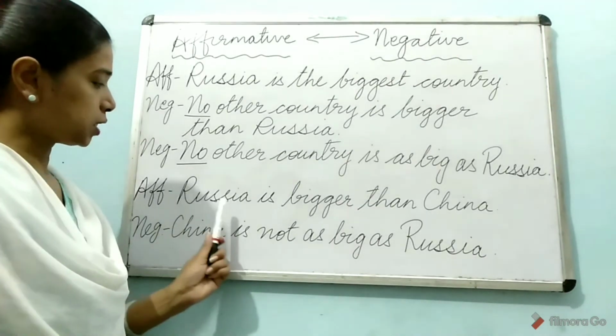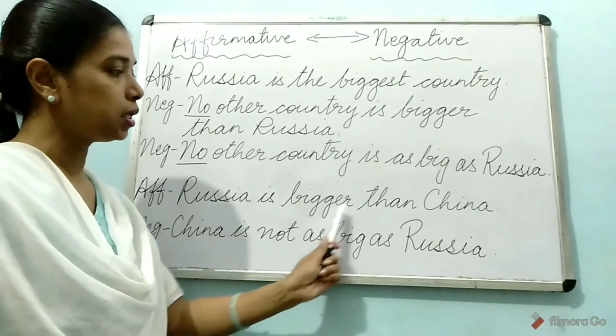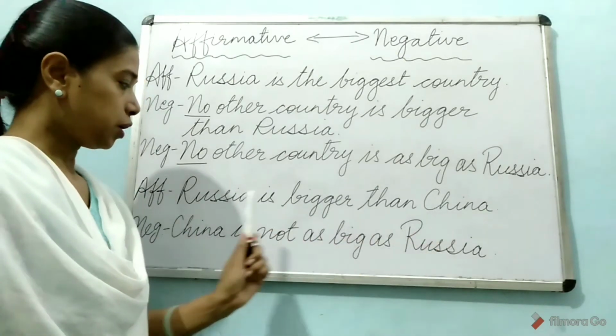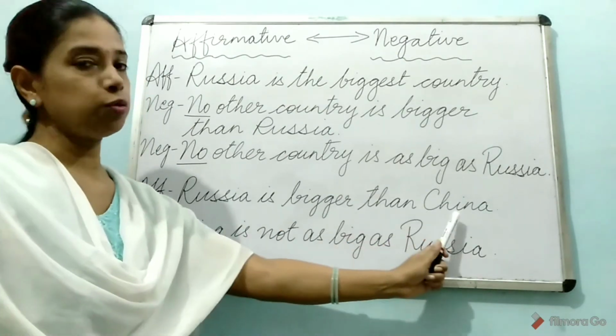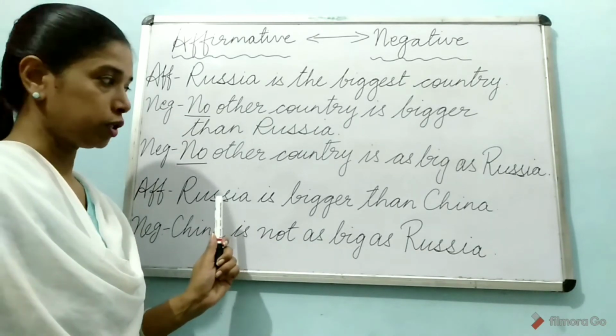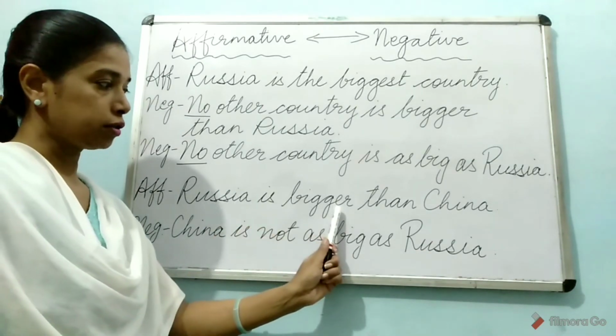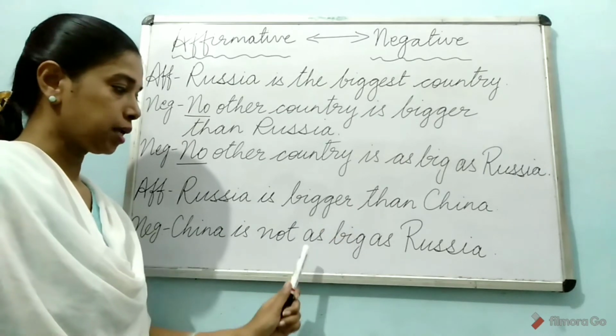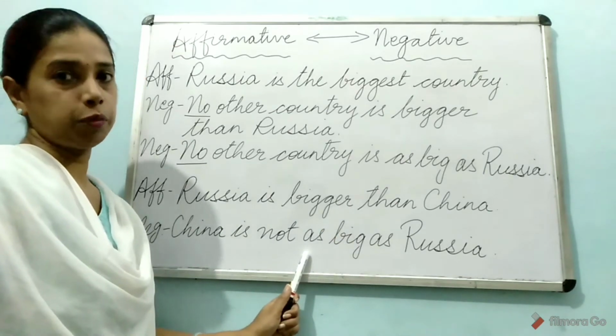Then another example is there, children. The affirmative sentence is, Russia is bigger than China. Now here we are talking of only two places. And I have already told you that when we are talking of only two places, if your sentence is comparative, then it can be changed into the positive only.